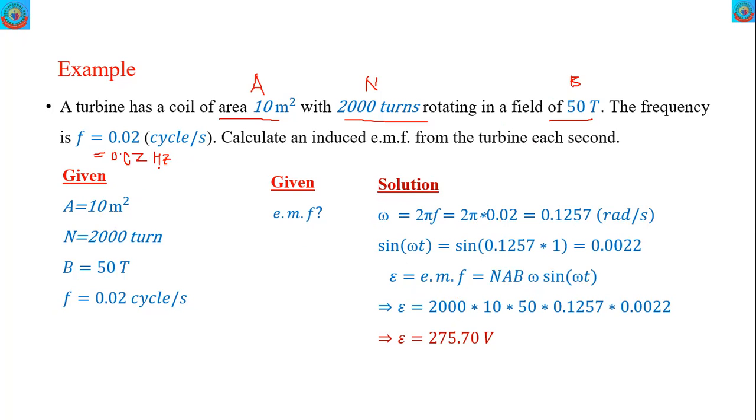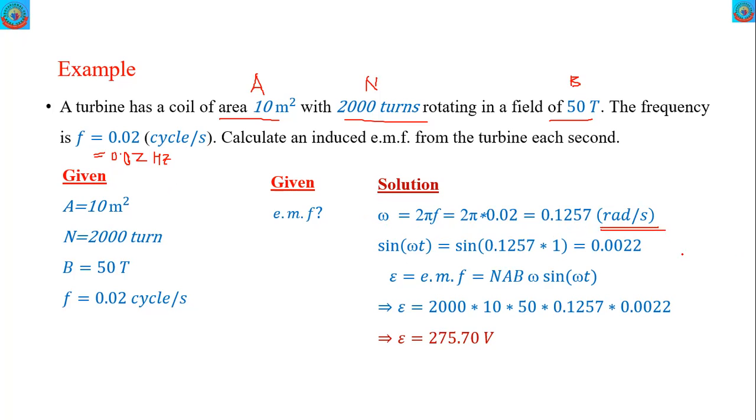Cycle per second means hertz. So 2 pi times 0.02 cycles per second gives us 0.1257 rad per second. This is omega, and the unit is rad per second.